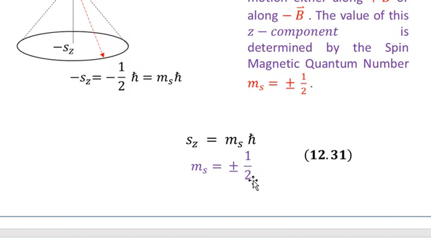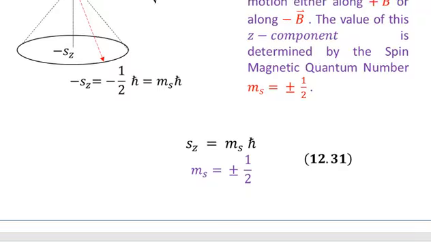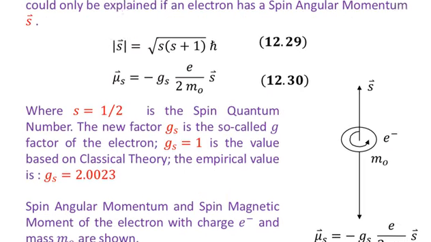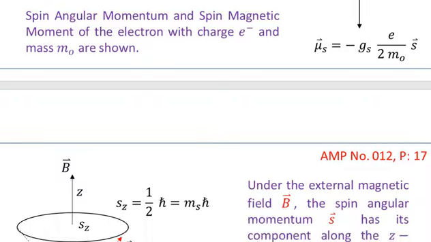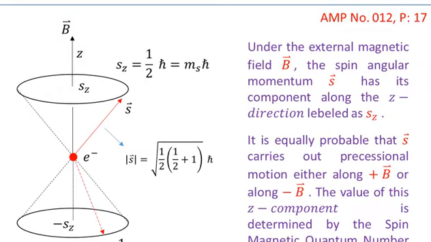So you see that, as in the case of orbital quantum numbers, we have similarly defined the spin quantities. We have defined the spin angular momentum, the spin magnetic moment, the spin magnetic quantum number, and also the spin quantum number, in a similar pattern to what we have discussed for the orbital quantities in the previous lecture.